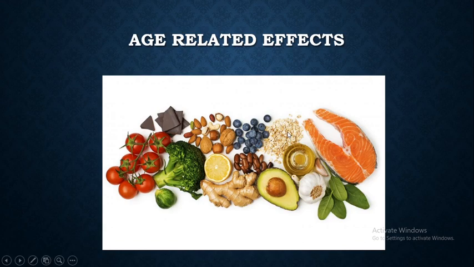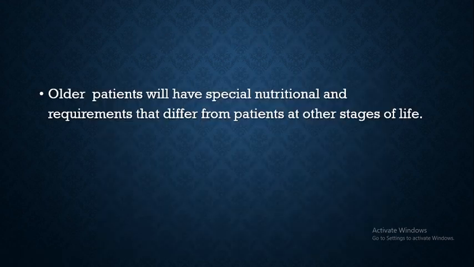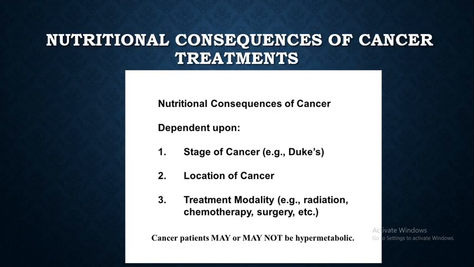So, age related effects. Older patients will have special nutritional requirements that differ from patients at other stages of life. Of course, that's obvious. Nutritional consequences of cancer treatments depend upon the stage of cancer, location of cancer, and treatment modality.